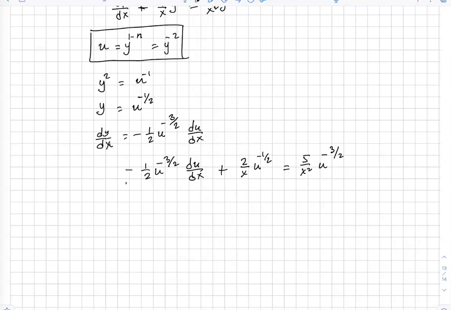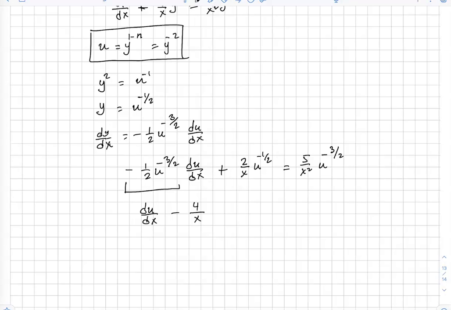So we are going to make the coefficient of the first derivative 1, or we are going to convert this equation into normal form. So you divide by negative half u to the minus 3 over 2. So the second term becomes negative. Now 2 divided by half would be 4, and you have divided by x.